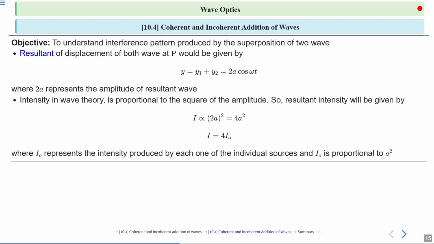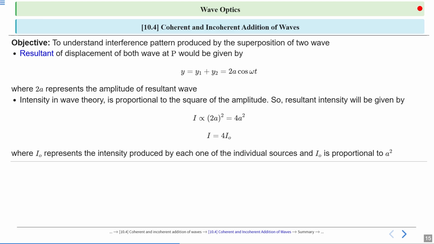Okay, so I naught represents the intensity produced by each one of the individual sources, and I naught is proportional to A square, since the amplitude of each wave is A. The amplitude of the resultant wave is 2A.